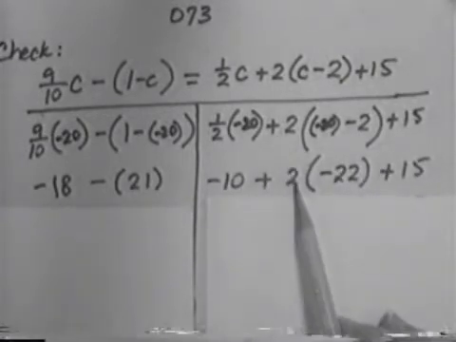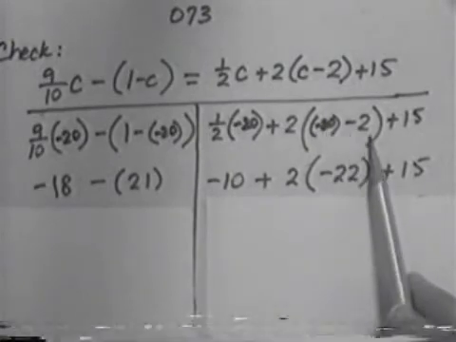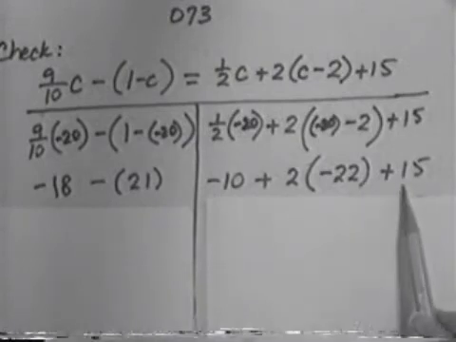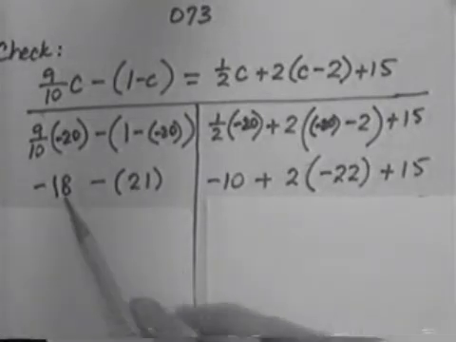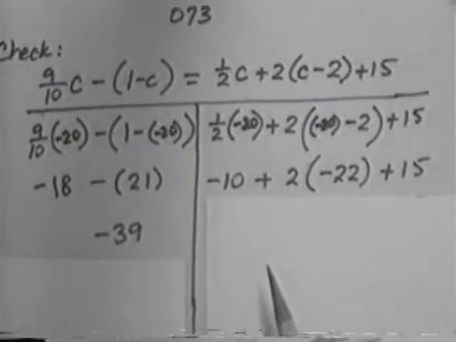Then the plus 2. In parentheses, we have negative 20 subtract 2, which is negative 22. Then the plus 15. On the left, we're practically done. Negative 18 subtract 21 is negative 39.